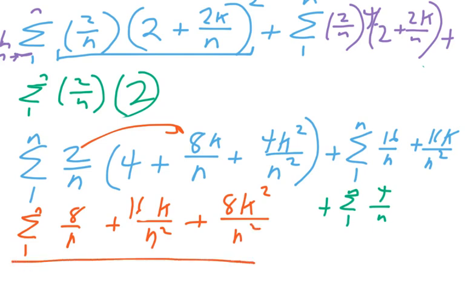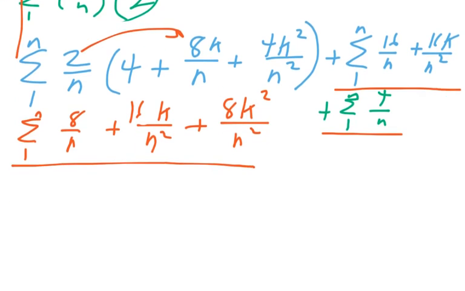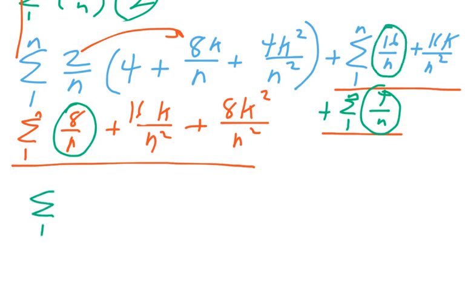So I have this, and I have this, and I have this now that I'm trying to add together. So let's add the ones that have common denominators. So here I see 8 over n, here I see 4 over n, and here I see 16 over n. So that's going to be from 1 to n of 28 over n.